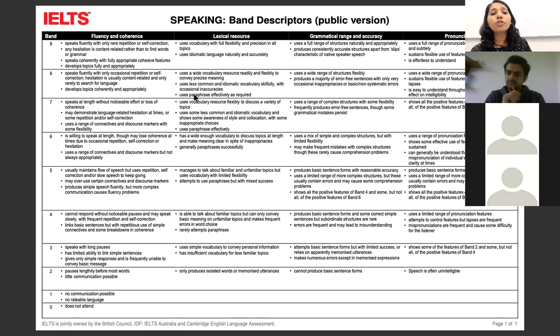Okay, so how to improve vocabulary, how to improve your choice of words, how to use a good choice of words, good chunks of words. First thing that you should do is try to find out, or I'll show you, what are the commonly asked topics in your speaking test. There is a list of 10 or 15 topics which commonly keep occurring in your speaking test.